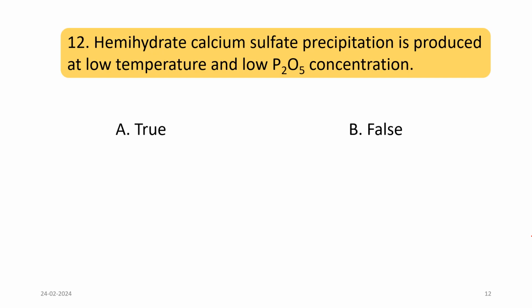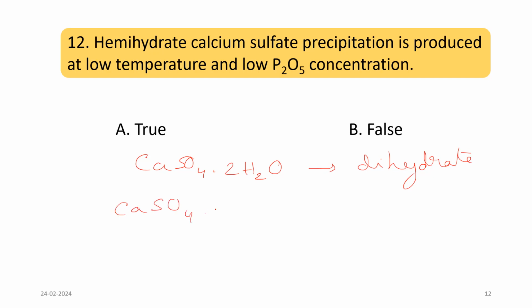This calcium sulfate can be produced in two forms, that is CaSO4·2H2O, the dihydrate calcium sulfate, and another one is CaSO4·1/2H2O, that is the hemihydrate calcium sulfate.